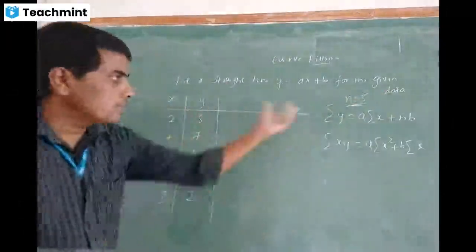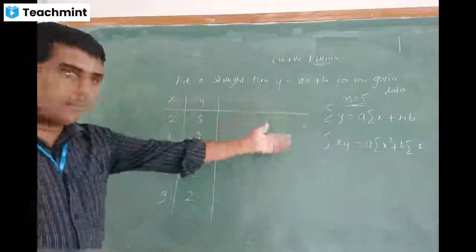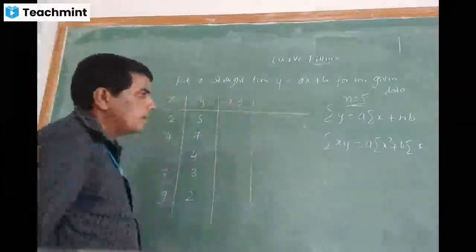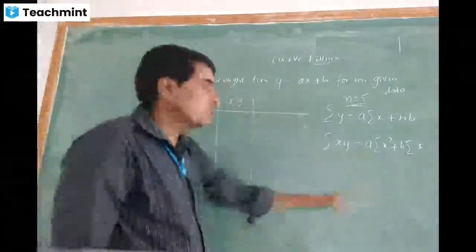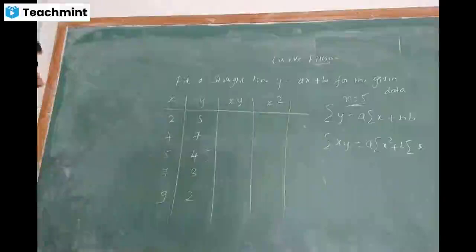Summation y we will get, summation x we will also get from that. n is the number of observations, 5. Then summation x and summation x square. Find the value.